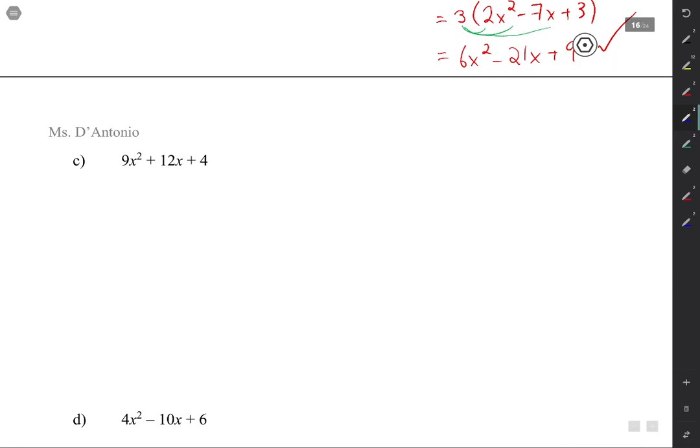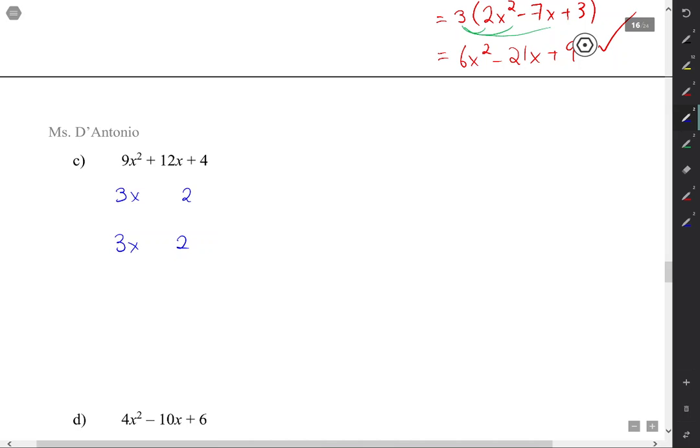So with the 9x squared, we can either do x times 9x, or we could do 3x times 3x. So I'm going to do 3x times 3x. And for the 4, we can either do 1 times 4 or 2 times 2. I'm going to do 2 times 2.